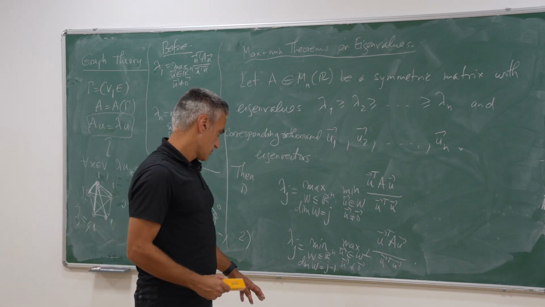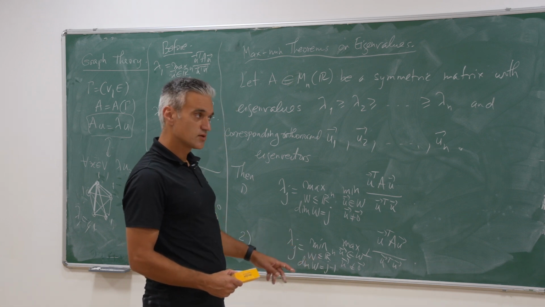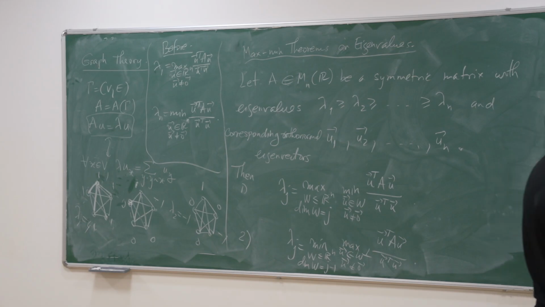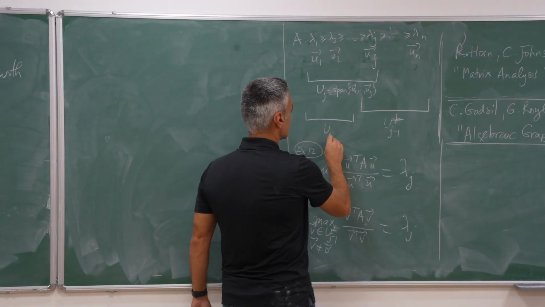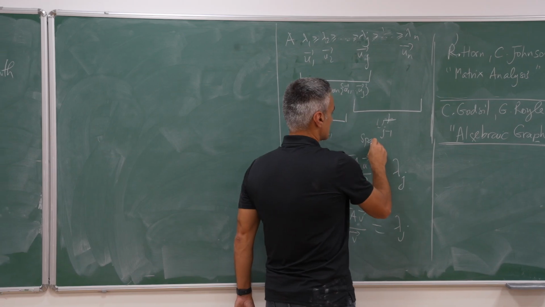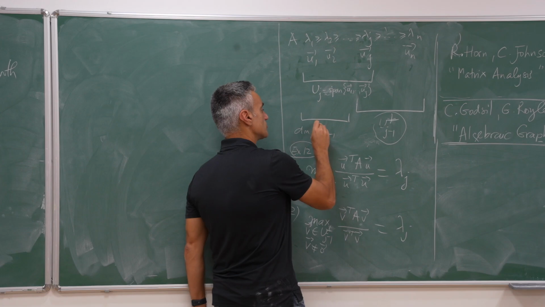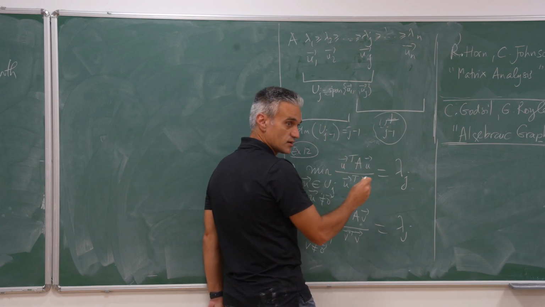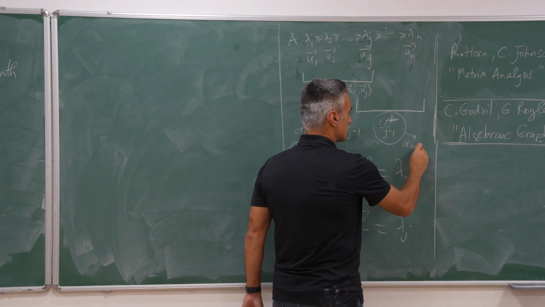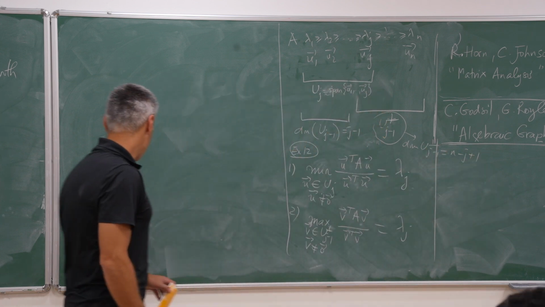Perpendicular, orthogonal. But u j minus 1 is this one. The dimension of u j minus 1 is j minus 1, and the dimension of u j minus 1 perp is n minus j plus 1.